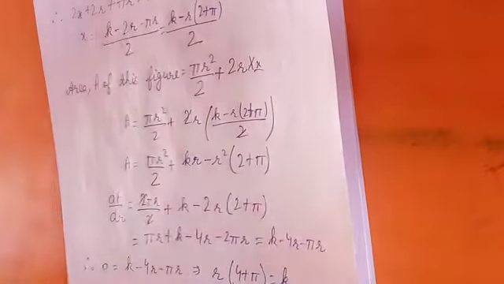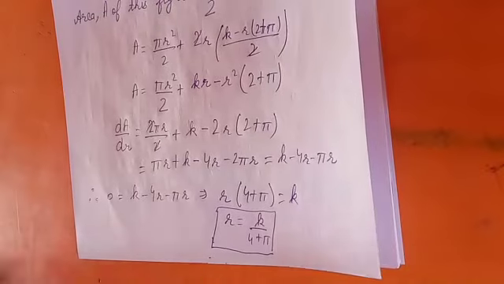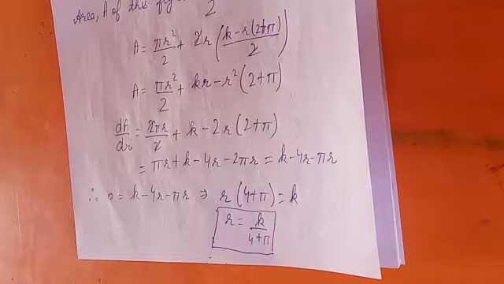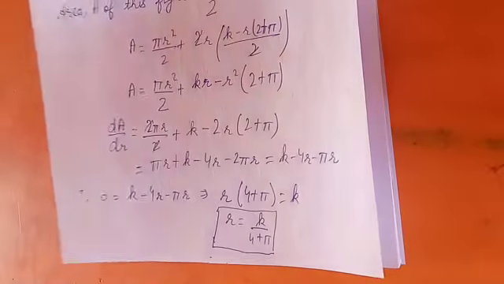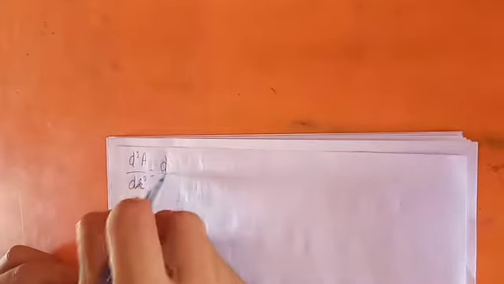Now we'll check whether at this value of r, r equal to k by (4 plus pi), our area will be maximum or not. First of all we have to do the double derivative. The double derivative d square A by dr square is d by dr of our first derivative.